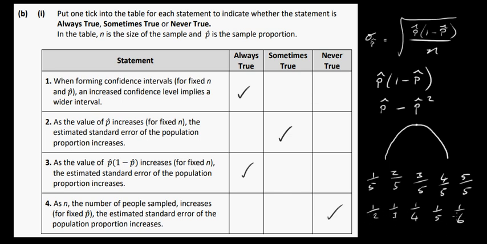What's happening to the entire fraction? It's decreasing in value. So as n increases, the entire fraction will decrease, therefore the standard error will always decrease, not increase. So that's part 1 of part B.